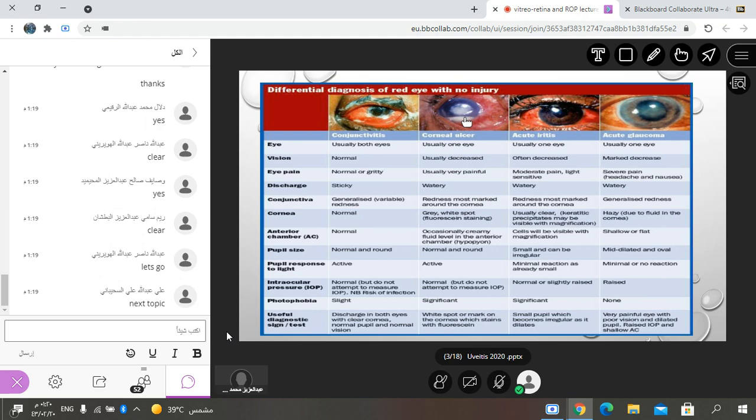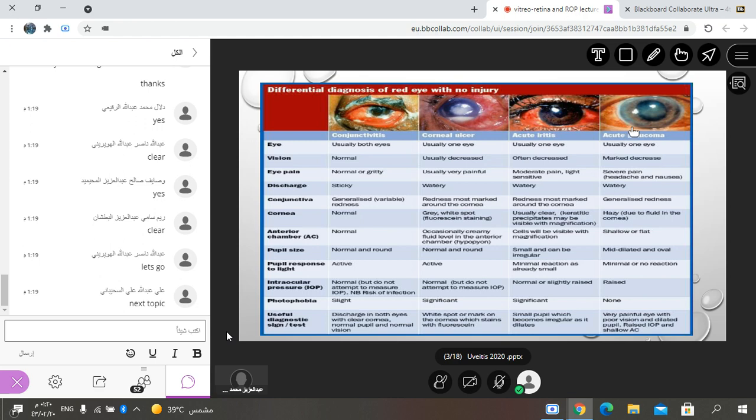But if the patient has a painful red eye, most likely this is an emergency. The differential diagnosis of a red painful eye includes corneal ulcer, acute uveitis or iritis, and acute congestive glaucoma, which is closed angle glaucoma. Open angle glaucoma does not result in an emergency.